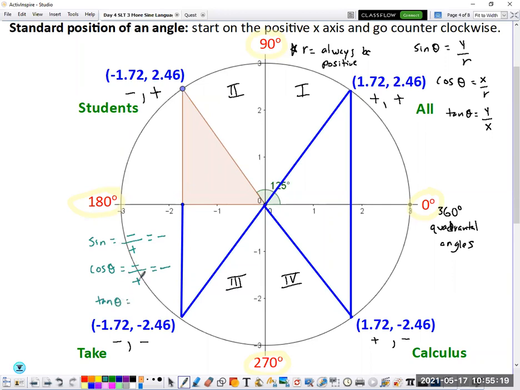If I'm on the Ferris wheel and I'm down here, Miku, tangent is y over x. In the third quadrant, y is what? Negative. Good. X is negative. A negative divided by a negative is a positive. That means that any angle that has a terminal ray in the third quadrant will have a negative sine value, a negative cosine value, but a positive tangent value.